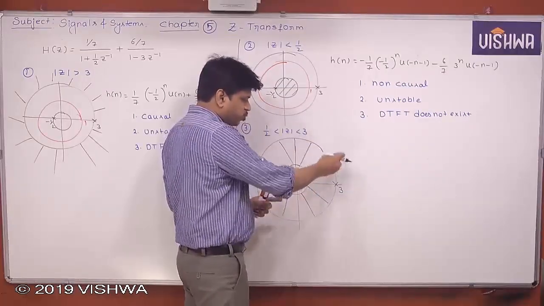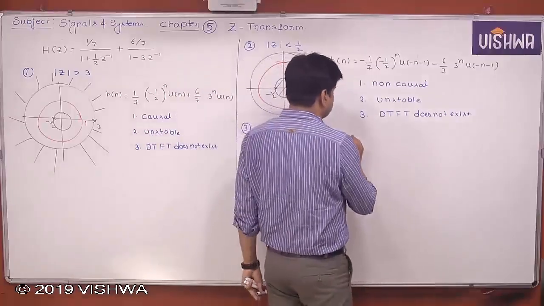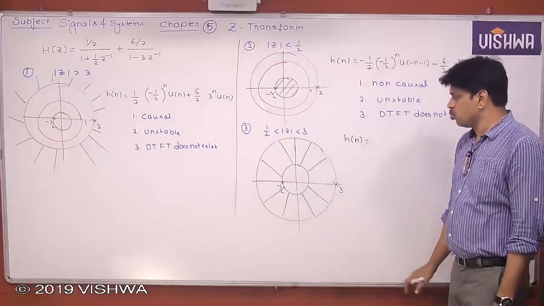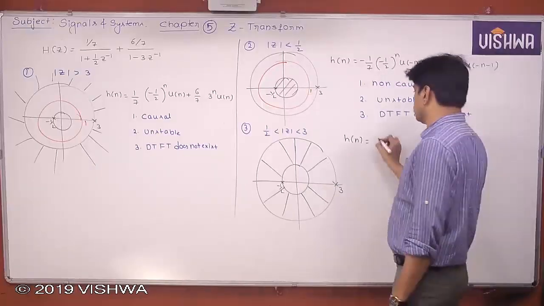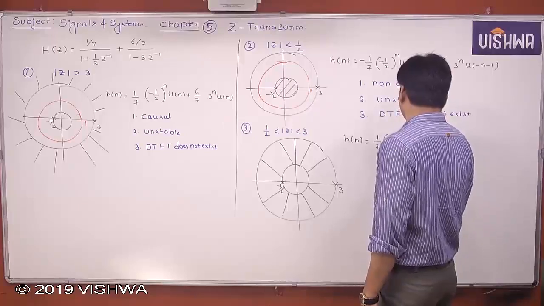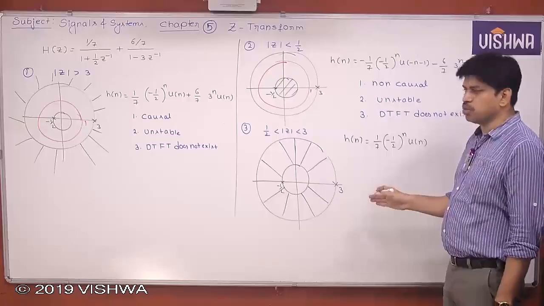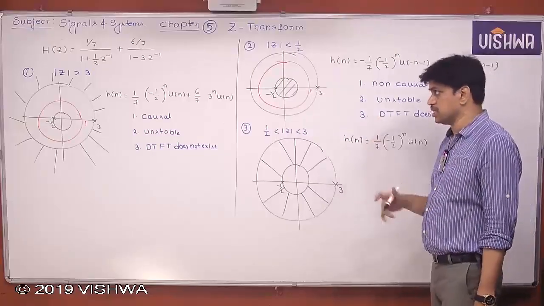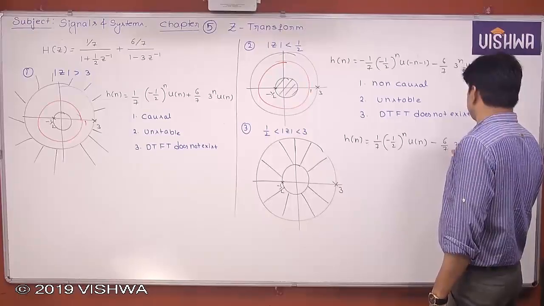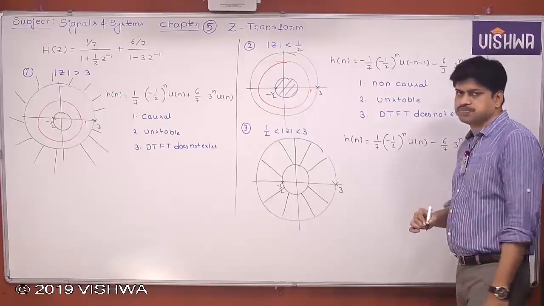For pole 3 we have to write a left side signal because it is inside. So h of n is 1 by 7 minus 1 by 2 whole power n u of n. Next, for the 3 pole we have to write a left side signal, so we change the sign: minus 6 by 7 3 power n u of minus n minus 1.